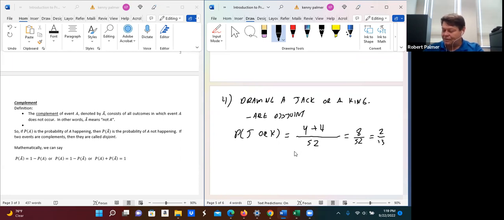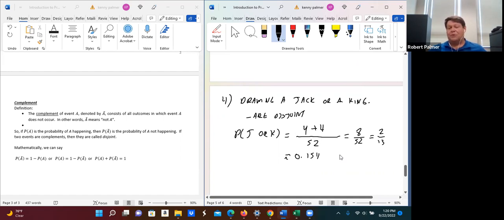And if you divide that, that's approximately, once again, if you round this off, 0.154. Okay, about 15.4%. So what this means is, once again, out of the 52 possible outcomes, there are 8 outcomes I'm happy with. So the chance of getting that is 8 out of 52. Once again, this is a theoretical probability.